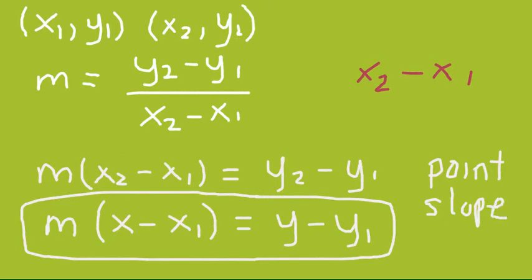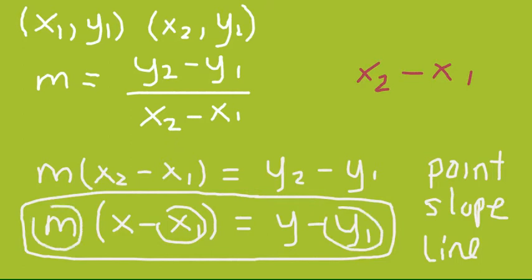And it's a very, very useful formula in algebra, pre-calculus, calculus. It is the point slope formula for the equation of a line. And the beauty of this formula is, given a point x1, y1, and given a slope m, you can find the equation of that line.